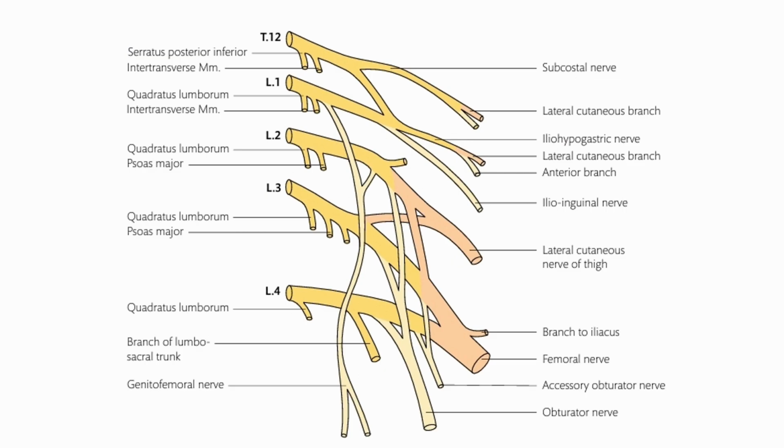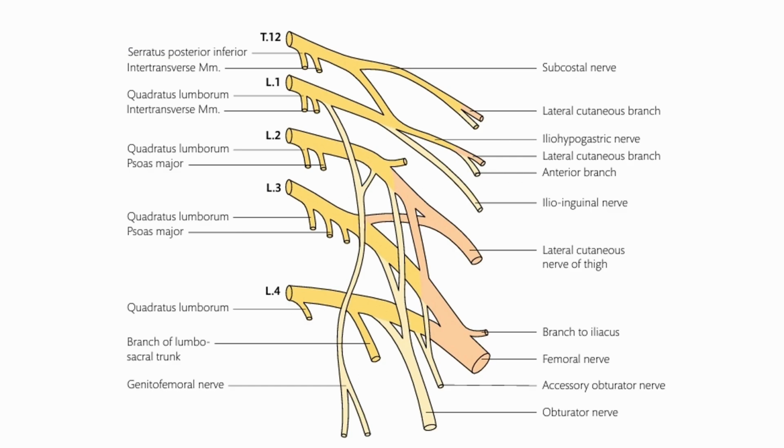The dorsal branches of the second and third lumbar nerves join together to form the lateral cutaneous nerve of the thigh. The dorsal branches of the second, third, and fourth nerves together form the femoral nerve.